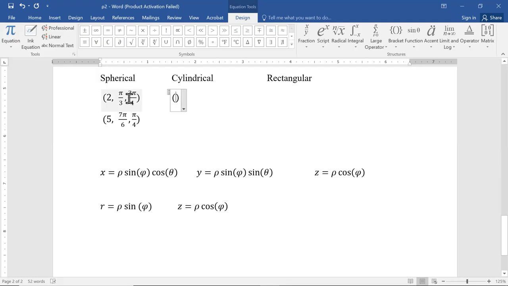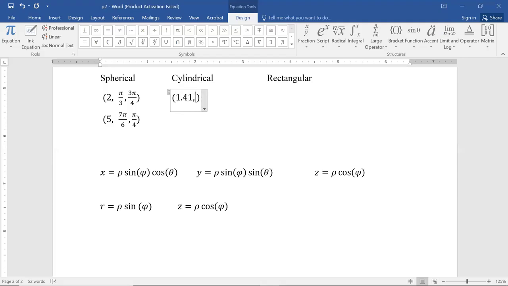Just remember, phi in this case is 3 pi over 4. So 2 times sine of 3 pi over 4. I get about 1.41. So about an r of about 1.41.